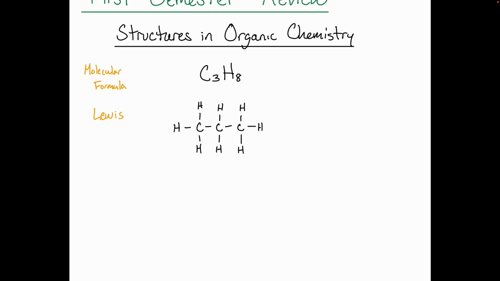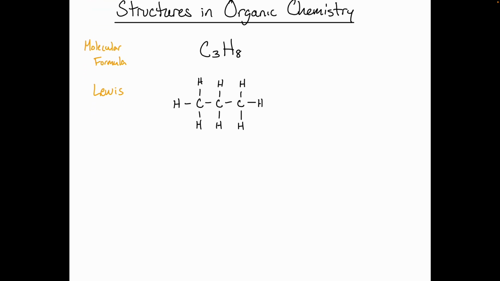All right, so again, we have our Lewis structure. That's kind of our most basic. All right, we also have a condensed structural formula. So for propane, this would be CH3, CH2, CH3.